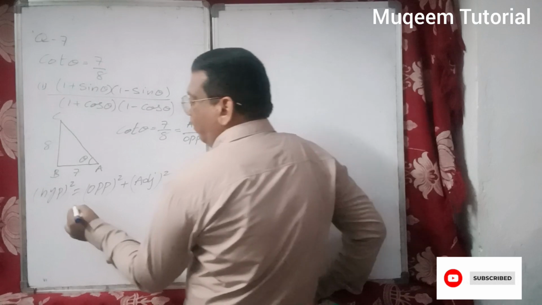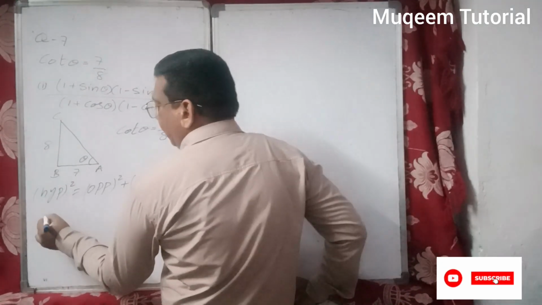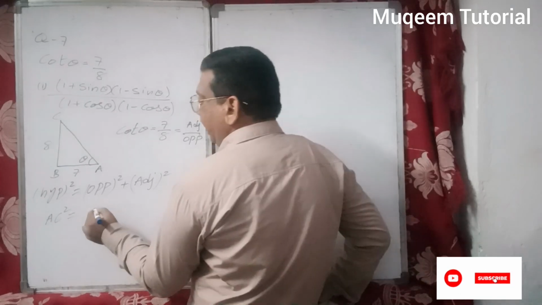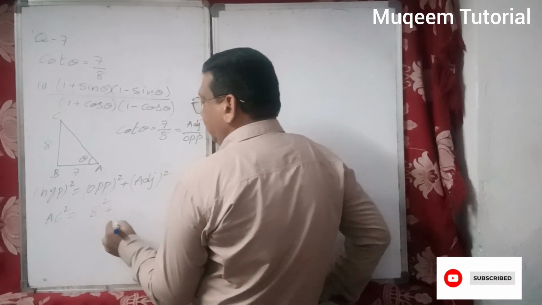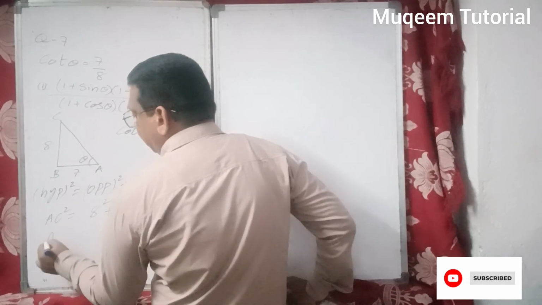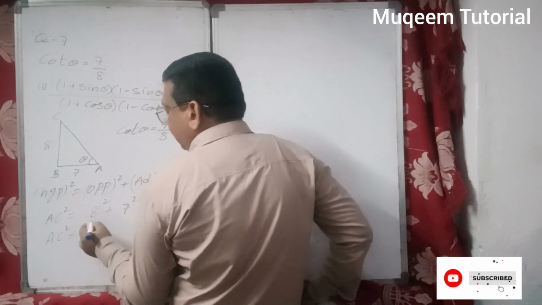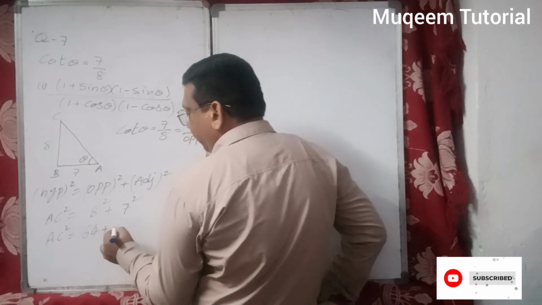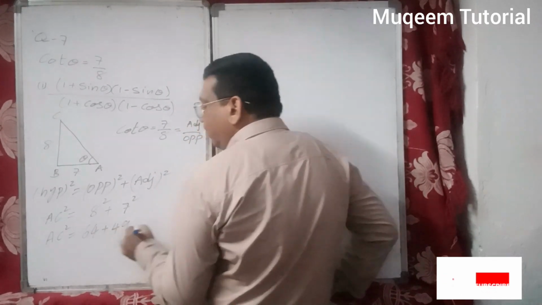So what we are getting, hypotenuse is AC. AC square is equal to opposite 8, 8 square plus adjacent 7, 7 square. AC square is equal to 8 square, which is 64, and 7 square, which is 49.